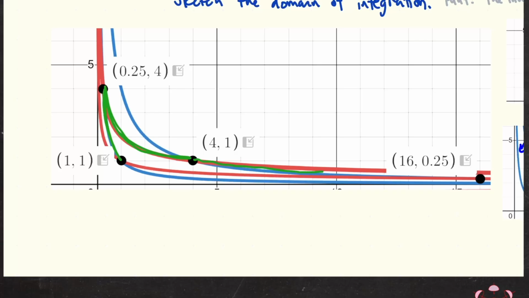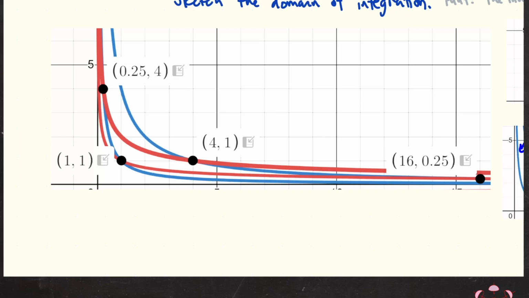Where the blue curve becomes our right zone, and then the red curve switches. Let me get rid of that so you can see it with the colors.